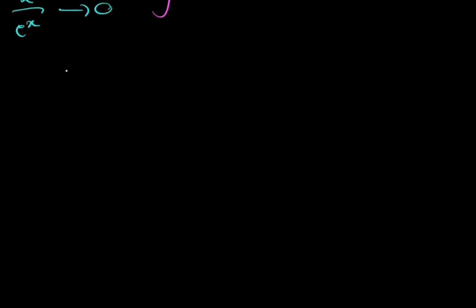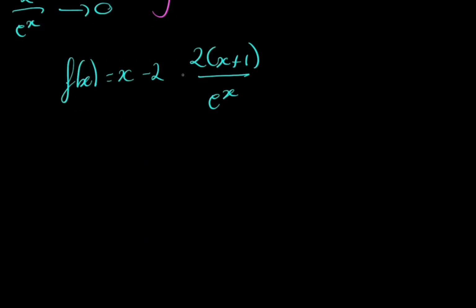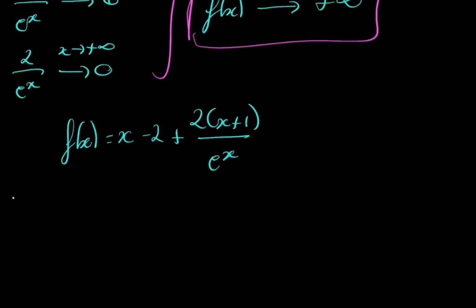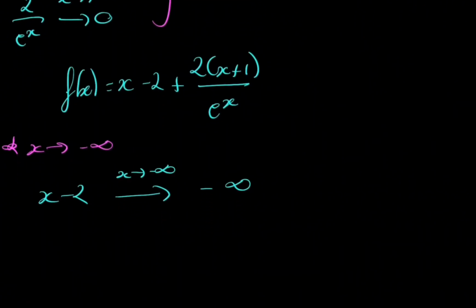So now, let's remember f of x equals x minus 2 plus (2x plus 1) over exponential of x. So what will happen when x tends to minus the infinity? Okay, so we will have x minus 2 that tends to minus the infinity when x tends to minus the infinity, clearly. And then we will have this part.